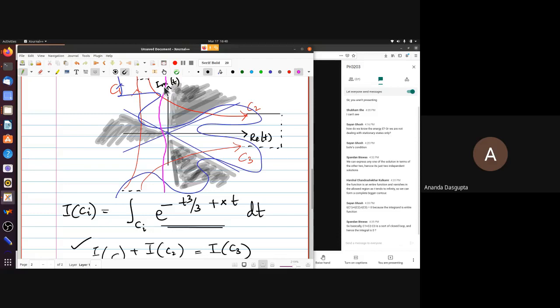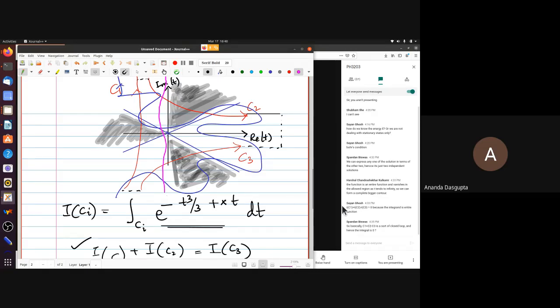Correct sector, I mean. And then I can keep on moving this purple line closer and closer to the imaginary axis. And ultimately, you can exactly coincide with the imaginary axis all the way from minus infinity to plus infinity, just ensuring that you have a slight touch of real part which is slightly negative for t, right? You're not moving exactly along the imaginary axis, you're just moving slightly inside the imaginary axis. If you do that, that's also an identical contour. And so you also get the same integral.